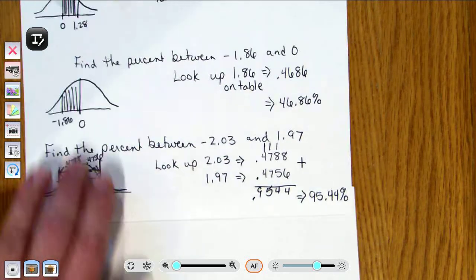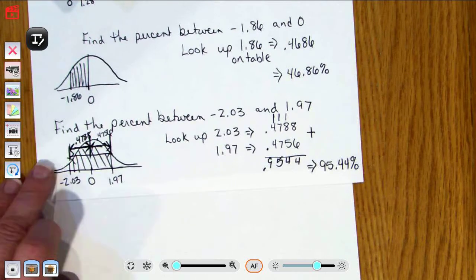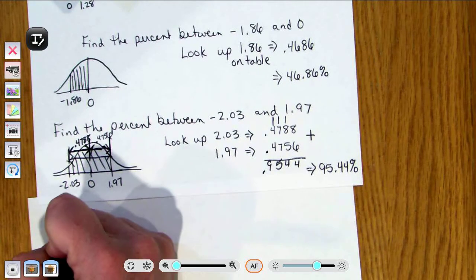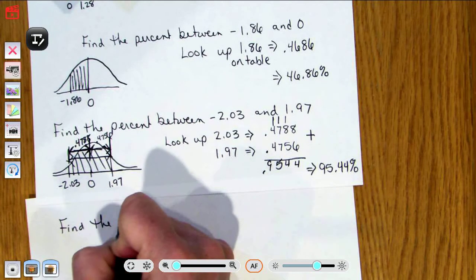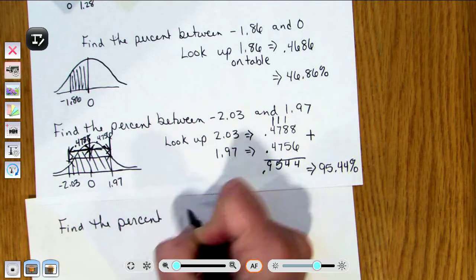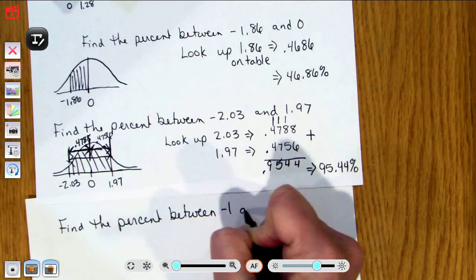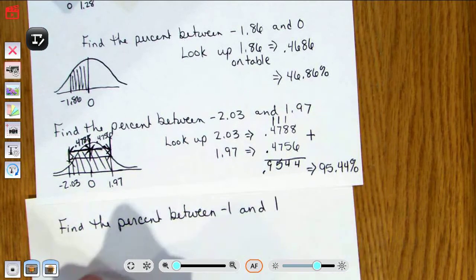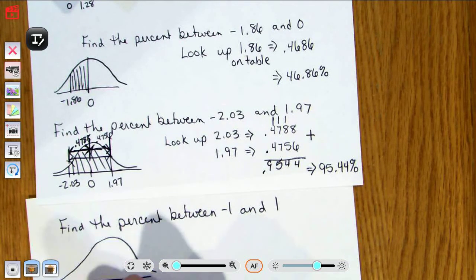Okay. One thing I want to show you is that our empirical numbers are kind of here. So we're going to actually look at, we're going to find the percent between -1 and 1. All right, so I'm going to draw my picture.